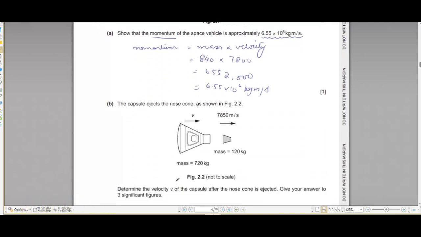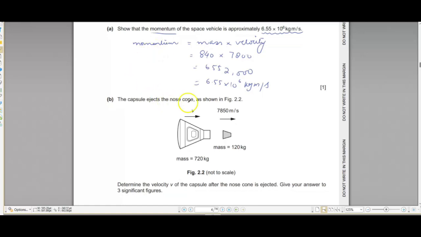It states that the capsule ejects the nose cone as shown in the figure. Okay, now the nose cone is separate. Determine the velocity v of the capsule after the nose cone is ejected. Give your answer to 3 significant figures.